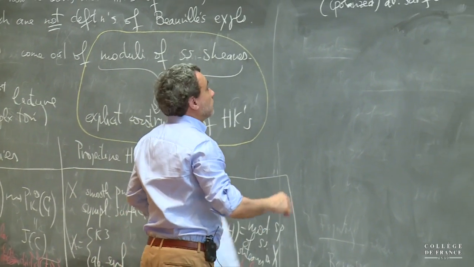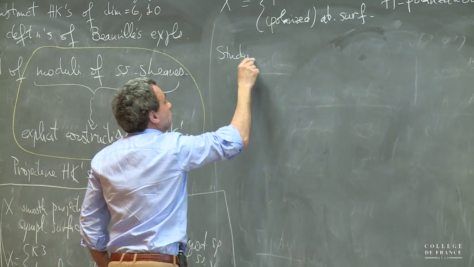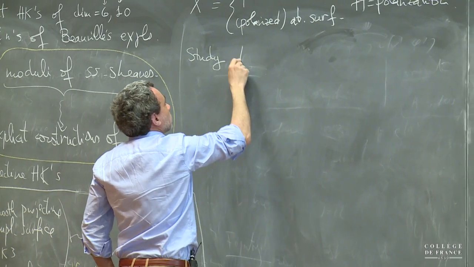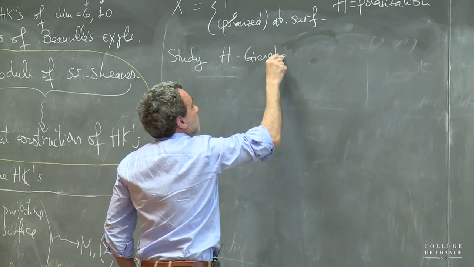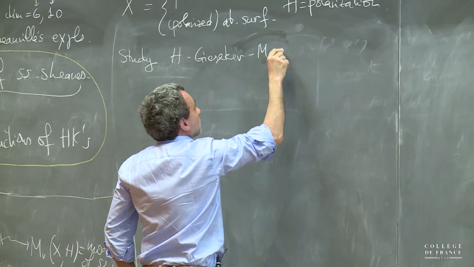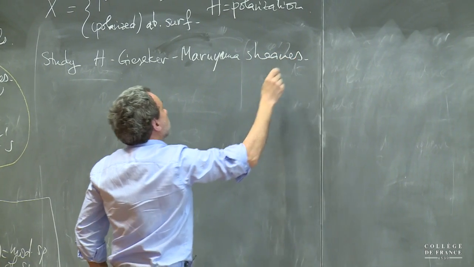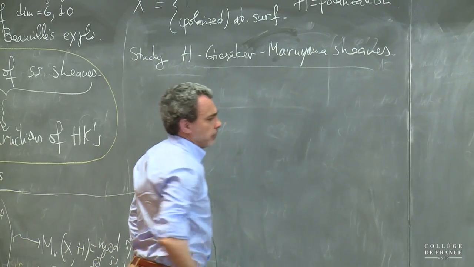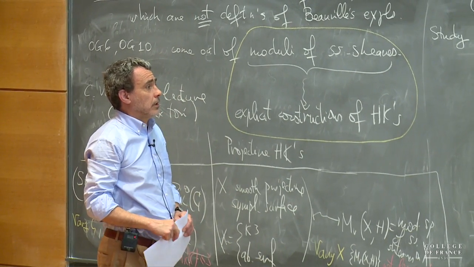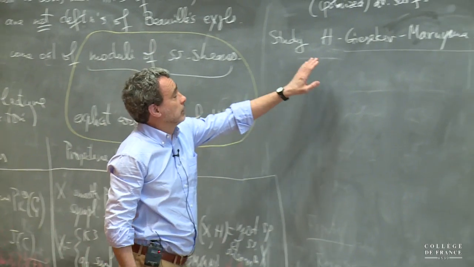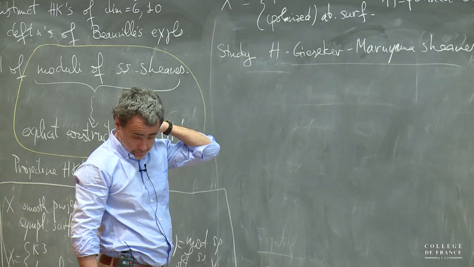And so we want to study H-Gieseker-Maruyama semi-stability. I won't say what this means for those who are not familiar with it, but anyway, it's a condition on the sheaves which depends on the polarization.